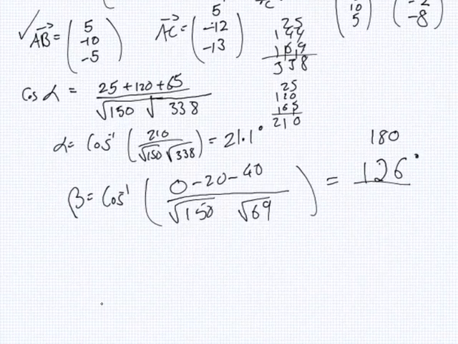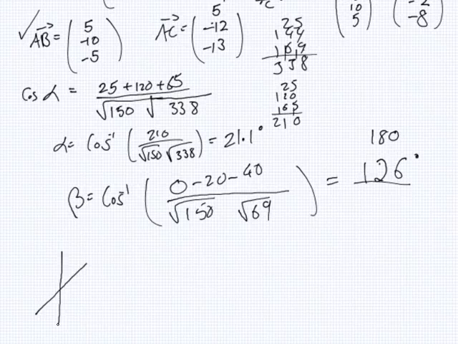For example, here are two vectors, and you can think of the angle between them as this angle, or this angle. So unfortunately with this formula, you have two choices to make.